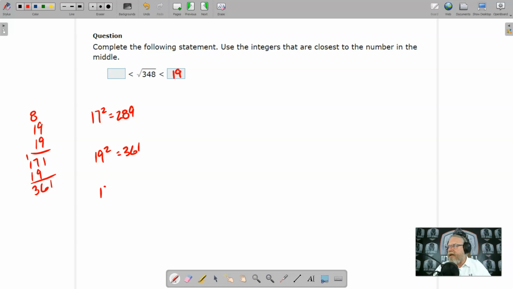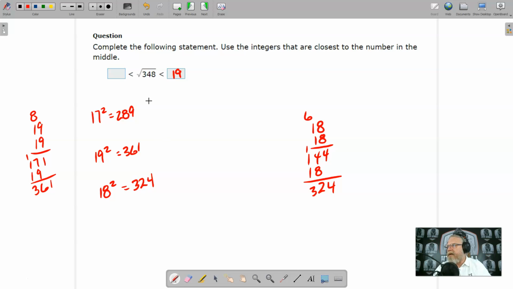Let's see, 18. Let's do 18 squared. Let's do that over here. 18 times 18. 8 times 8 is 64. Carry the 6. 8, 10, 14, and 18 here, and 4, 12, 1, 3, 324. So we're looking for root 348, right?